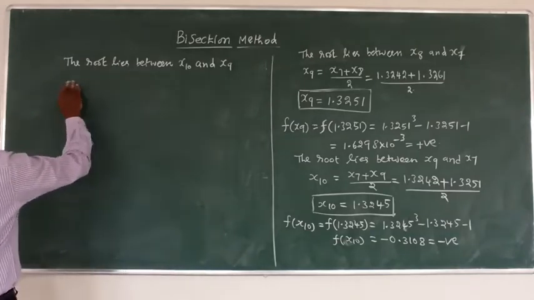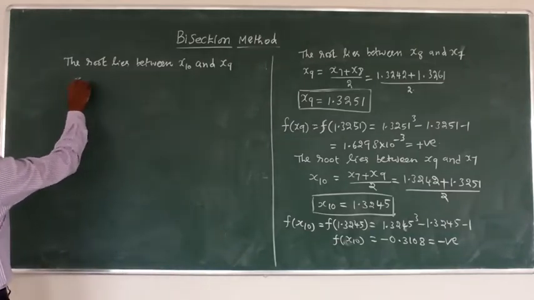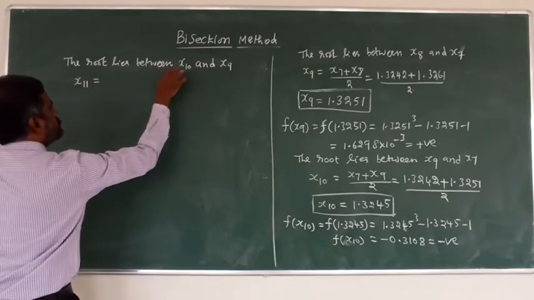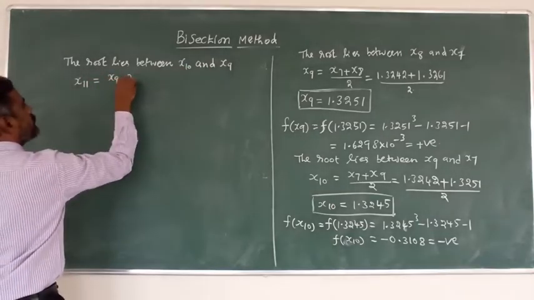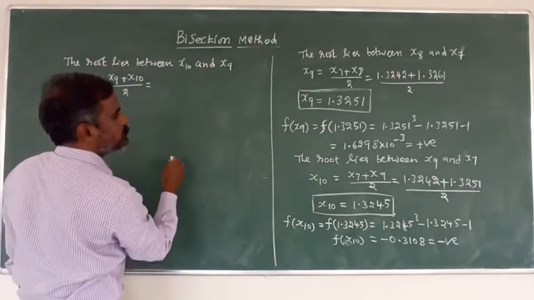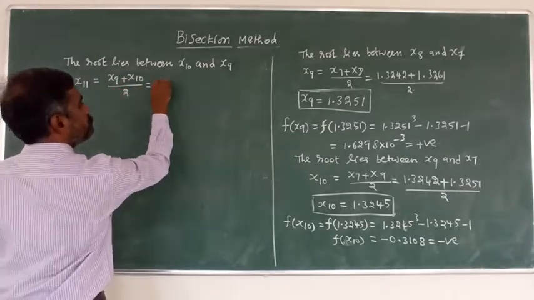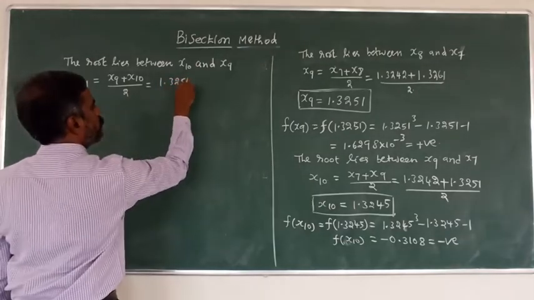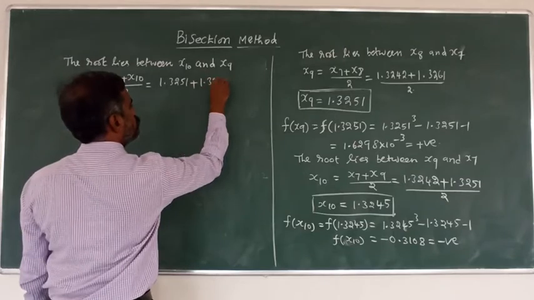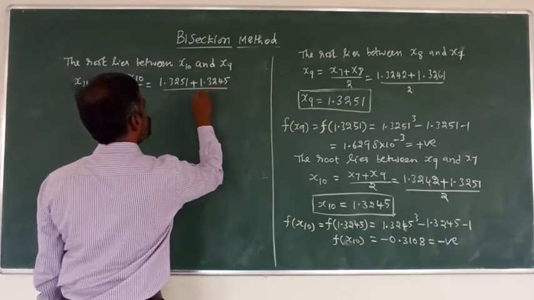Now next iteration: x11, the average of these two, x9 plus x10 divided by 2. x9 value 1.3251, x10 value 1.3245 divided by 2.